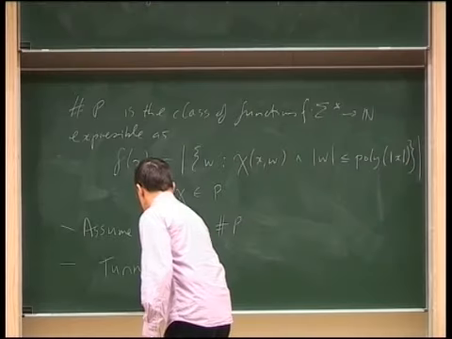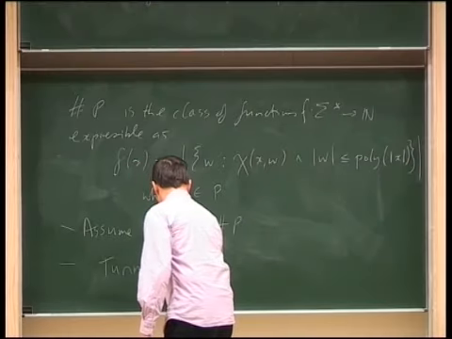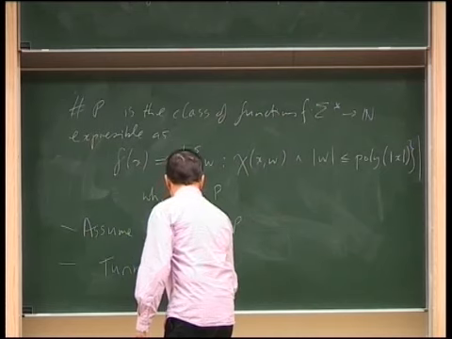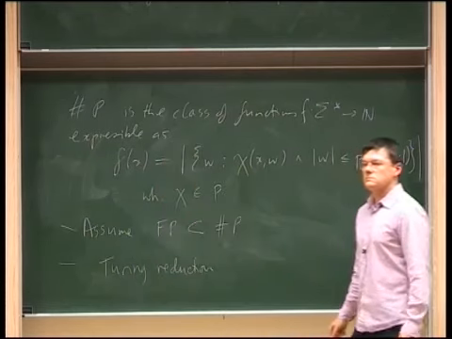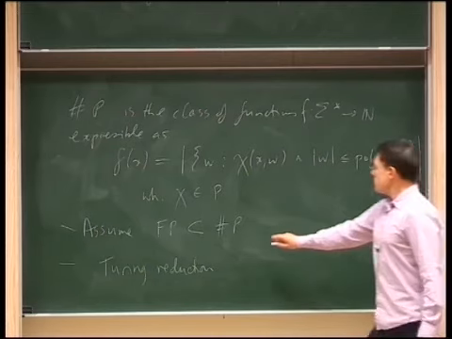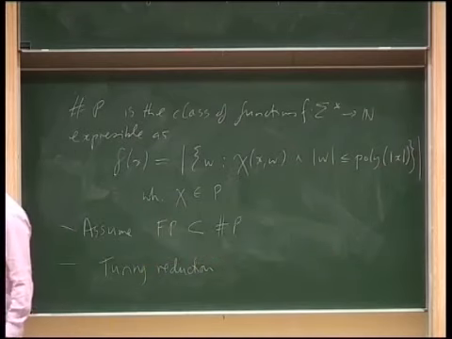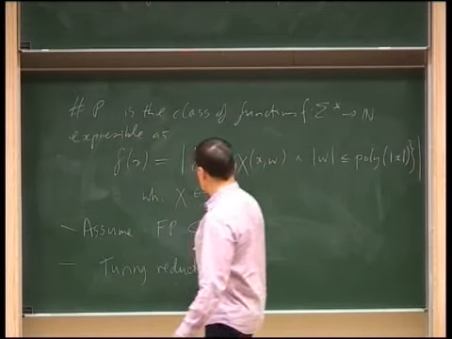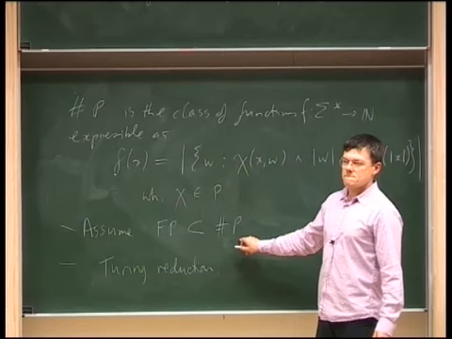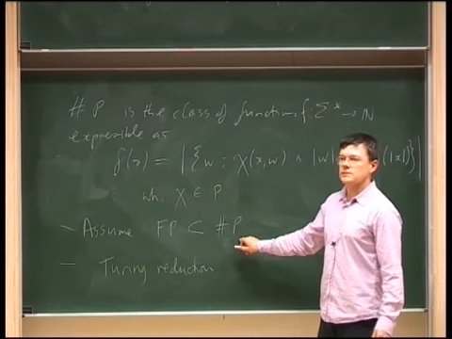Sorry, Mark, one more question. If P is not NP, then it's automatic that FP is not... No, not even. I'm saying the converse. If P is not NP, as we believe, then certainly this is not true, because this is even harder.